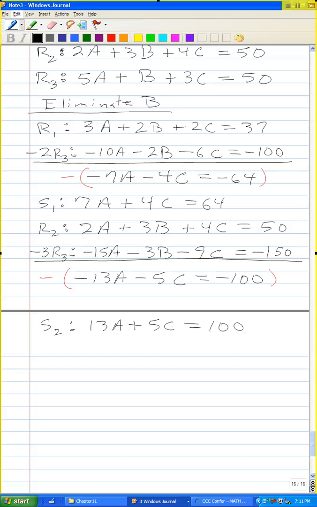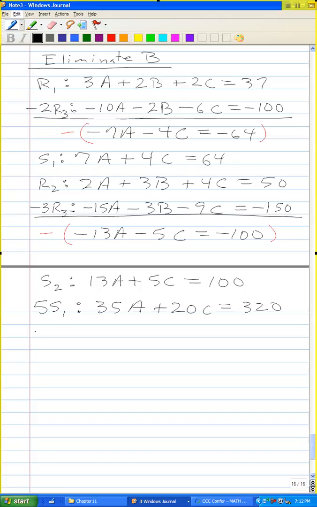S1. So I guess what I'll do is I will multiply. Oh, I guess I'll eliminate C is probably the best one. So I'll do 5S1. So 35A, 20C, 320, and then negative 4C, negative 4S2. And so let's multiply 4 times, I guess, 13.